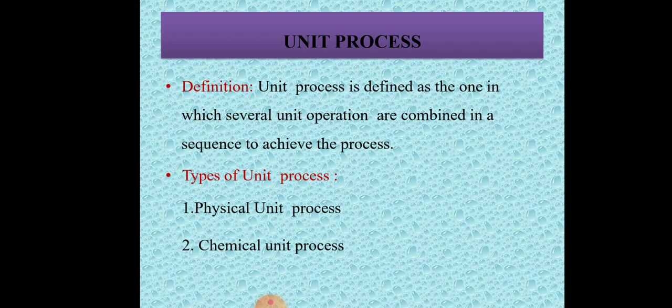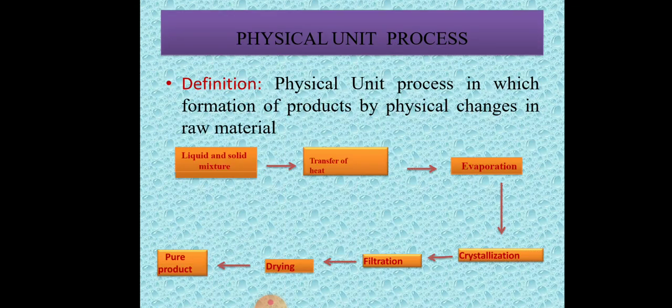Now we will see the meaning of physical unit process. For example, we change the physical appearance of the raw material, hence it is called a physical unit process. Suppose we have a raw material as a liquid and solid mixture. We transfer heat and perform evaporation as a unit operation.